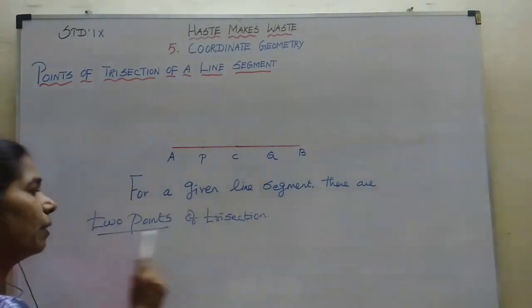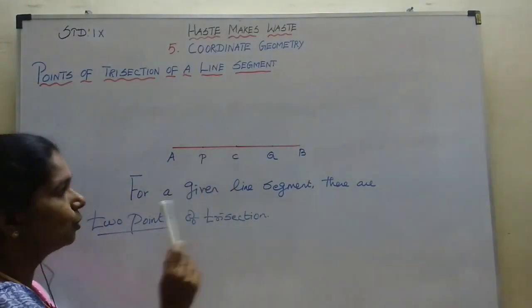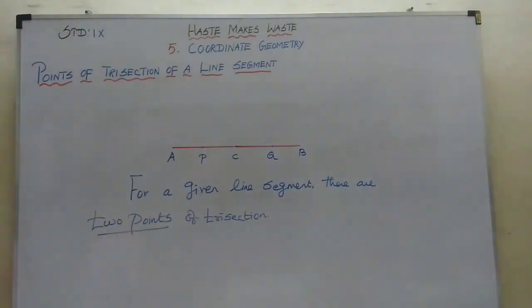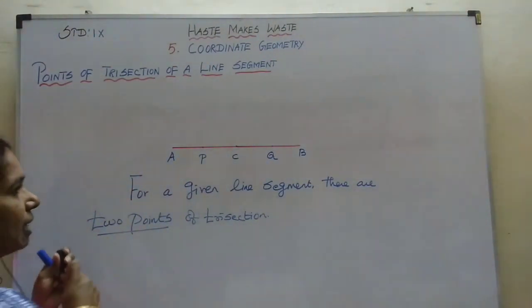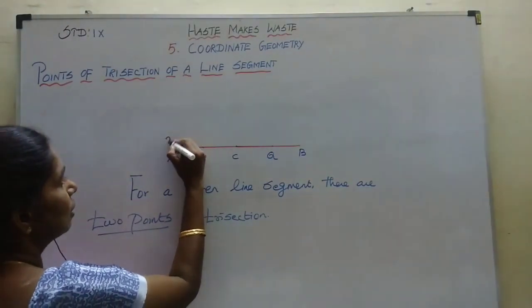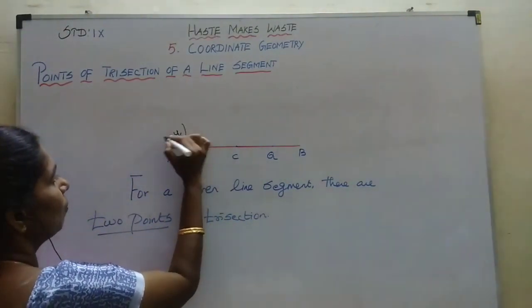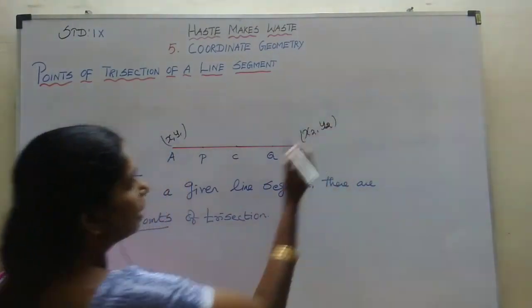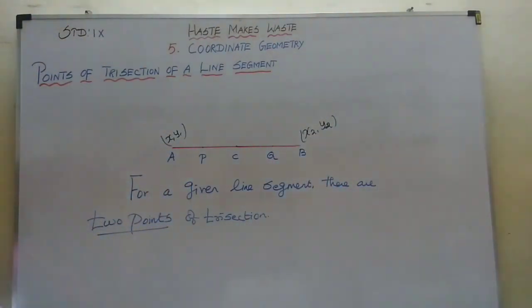How many points of trisection are here? I said 2. This AB is a line, and the coordinates of A are x1 comma y1 and B is x2 comma y2.